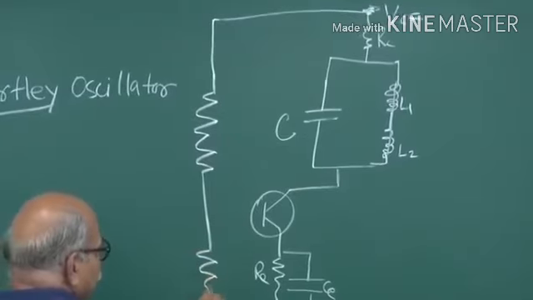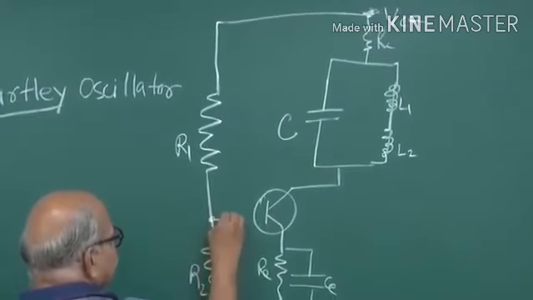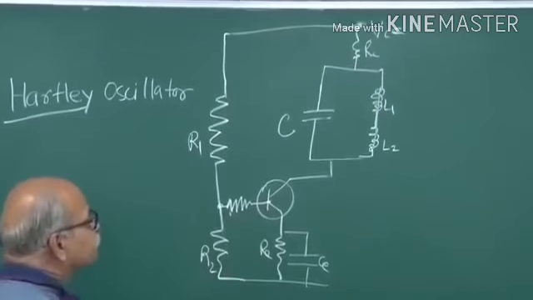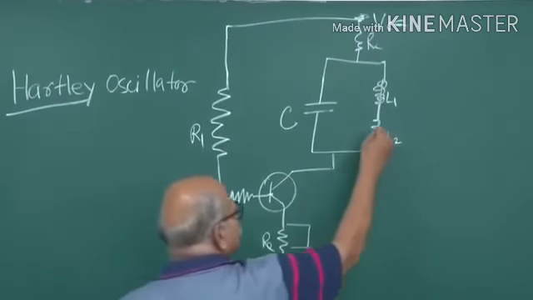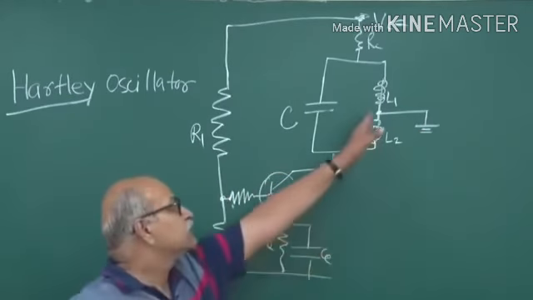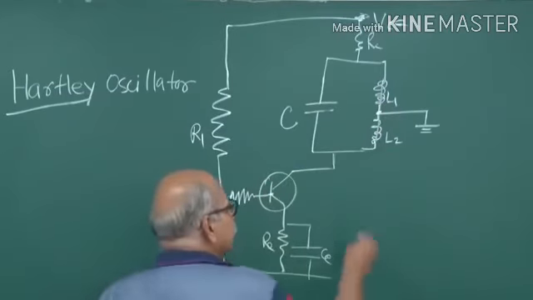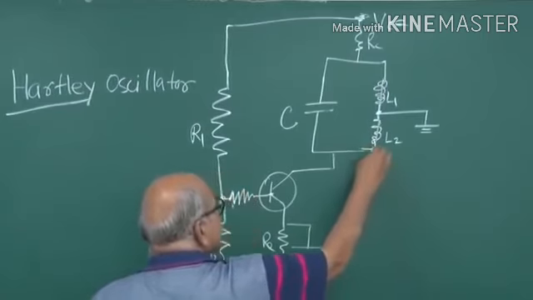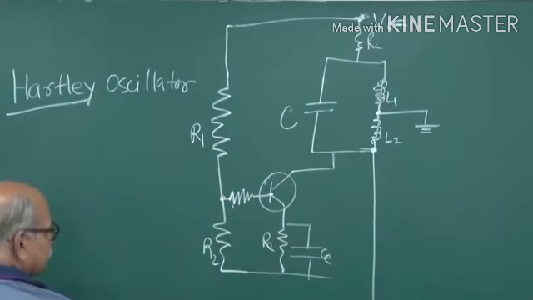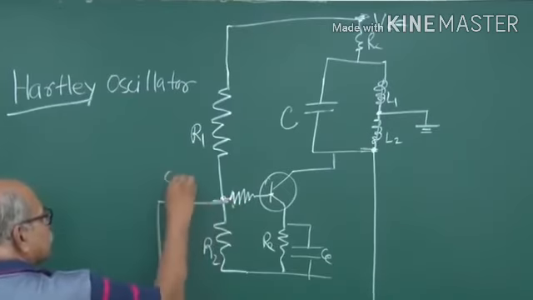So R1 R2, and then from here you give this biasing to the base, and the center is grounded. The center, that means the junction of L1 and L2, is grounded, and the voltage at this point of L2 is taken and joined to the base biasing. This is just a capacitor.